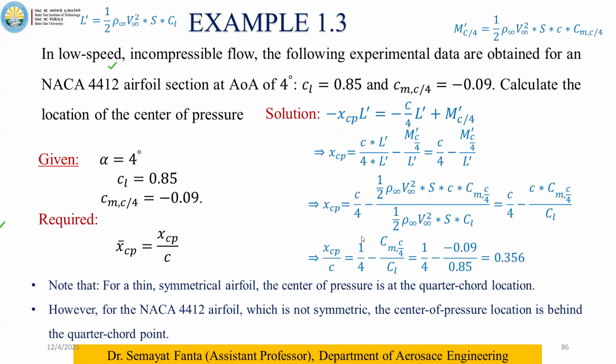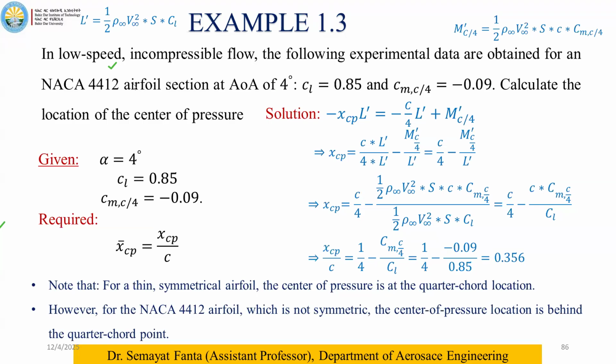So let's take one example on that. This is example number 1.3. Low speed incompressible flow. The following experimental data are observed for a NACA 4412 airfoil section at an angle of attack of 4 degrees. CL is given. This CL is for the airfoil.